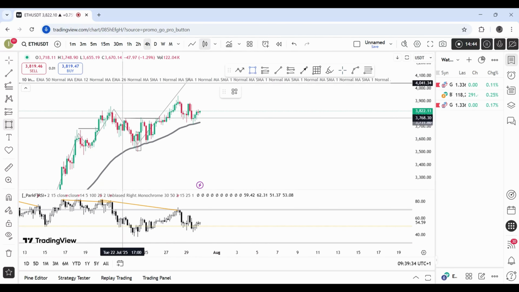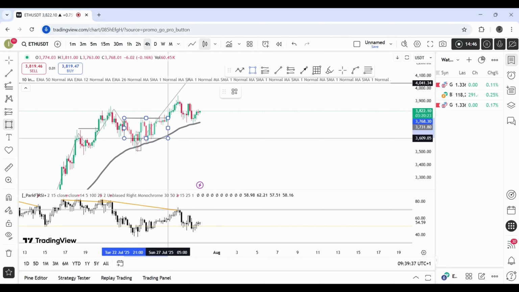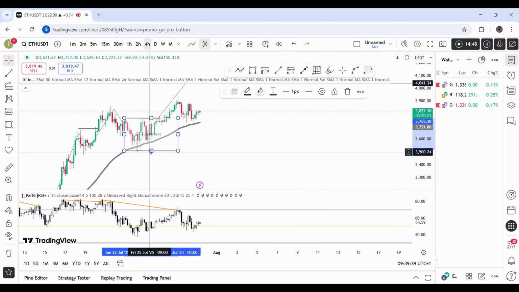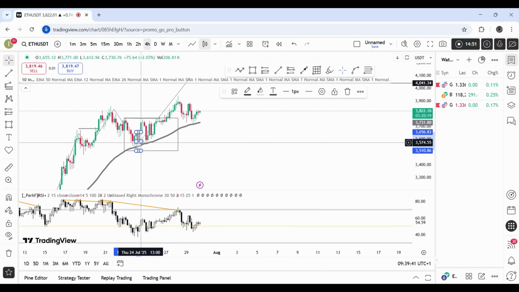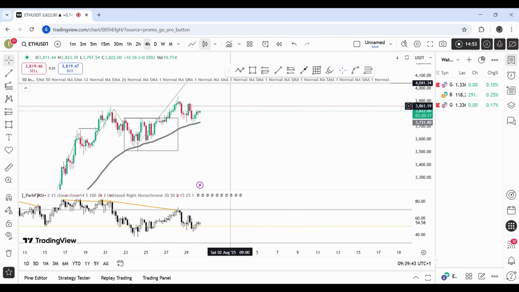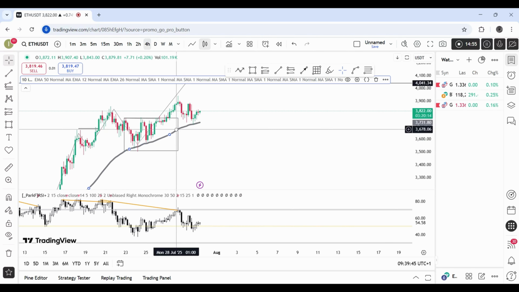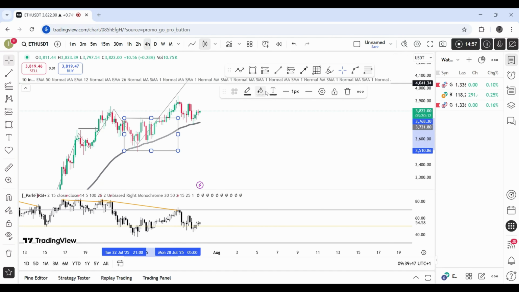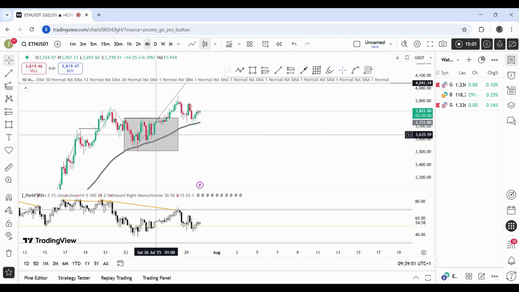But before we draw the other bullish engulfing candle, we should highlight our key zone. That's our key zone.